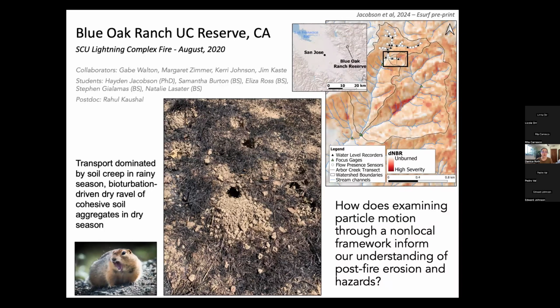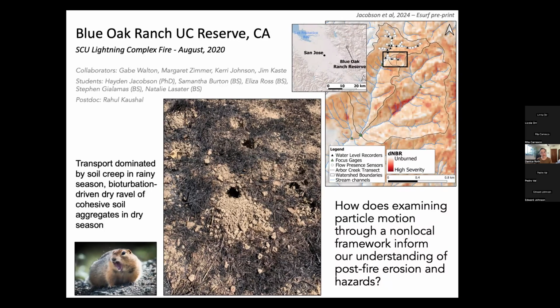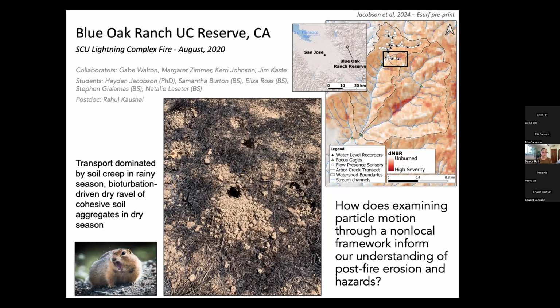And so throughout this landscape, sediment transport is occurring primarily by soil creep during the rainy season, which is wintertime and relatively short and late. But in the summer and immediately following the fire, we see large amounts of dry gravel driven by bioturbation, mostly by burrowing rodents like the California ground squirrel and Botta's pocket gopher and others.